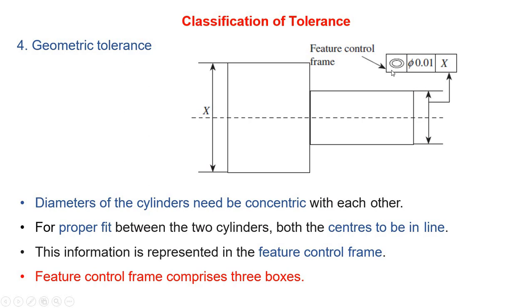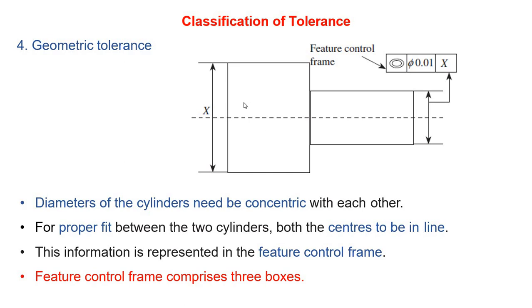The first box indicates the feature to be controlled by the manufacturing process. The second box indicates the tolerance limit up to which we are going to control that feature, and the third indicates the reference plane or surface or feature with respect to which we are going to control the feature.